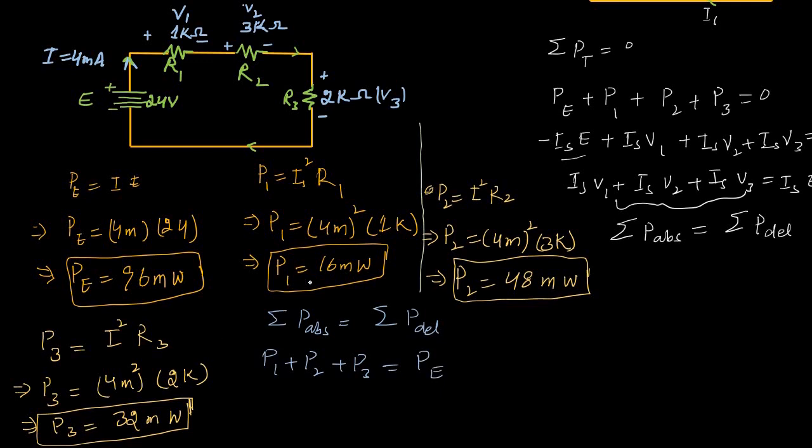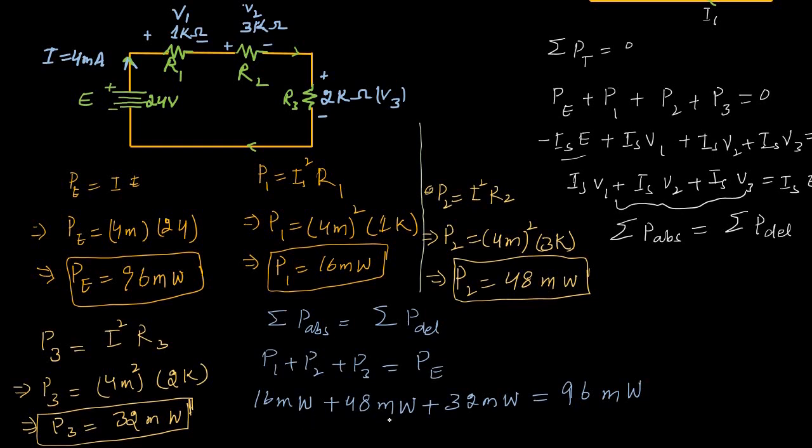Now as we derived, P1 is equal to 16 milliwatt, while P2 is equal to 48 milliwatt, plus P3 is equal to 32 milliwatt, and the power delivered to the system is 96 milliwatt.